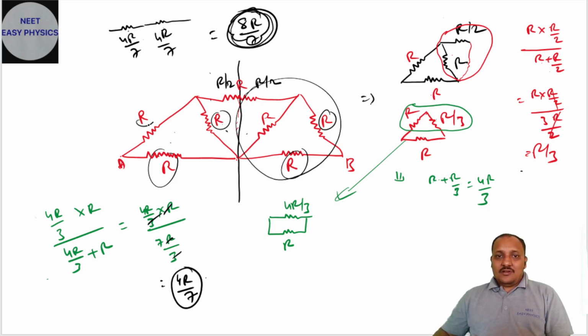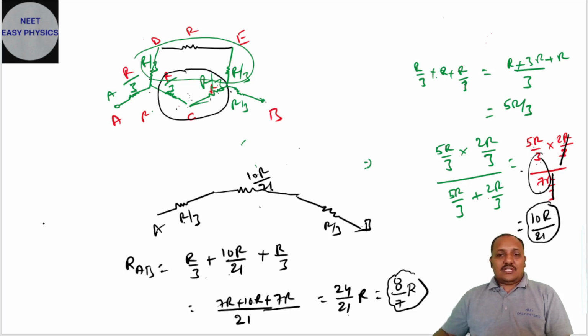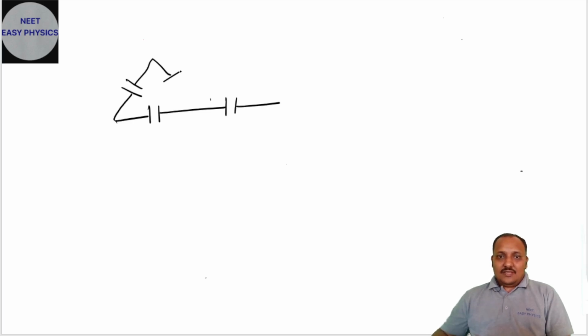Why? Because all these are similar resistors. If they give R, 2R here, 3R, 4R here, at that time we should do it like this by using star delta connection. Now in place of those resistors, they will give capacitors. Similar question, just in place of resistors, they will give capacitors, like this.